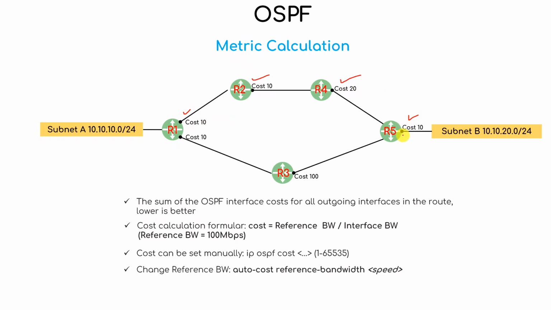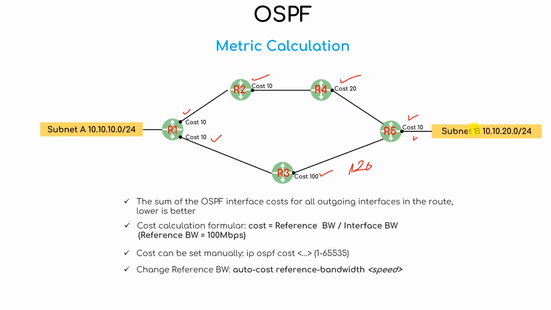For the other path, the costs are 10, 100, and 10, so the total cost is 120. The logic is lower is better, so router 1 will choose the first path through router 2, router 4, and router 5.